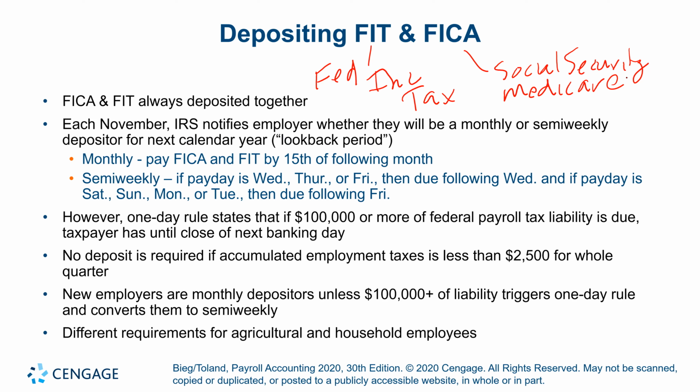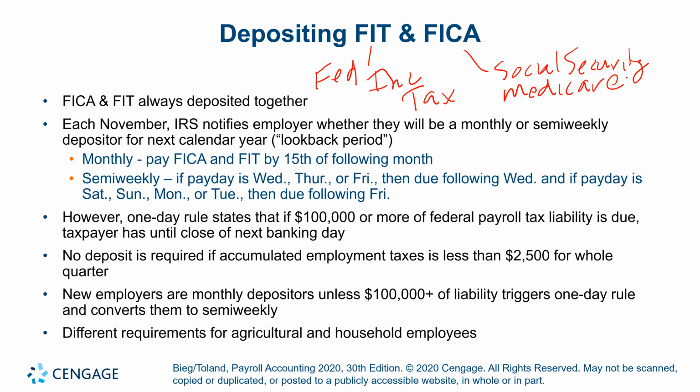If the company reports 50,000 or less in the look back period, then they only have to deposit the taxes monthly. If they reported more than 50,000, and the look back period is basically like, okay, we're in 2021 now.